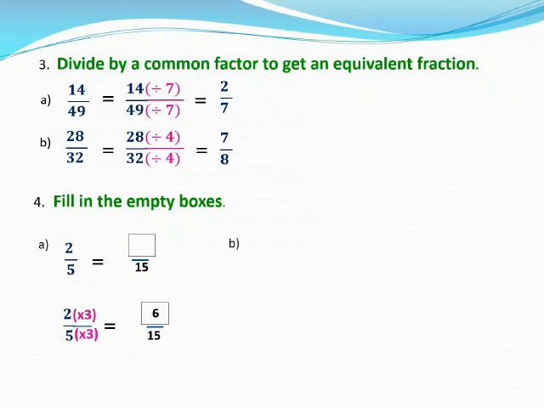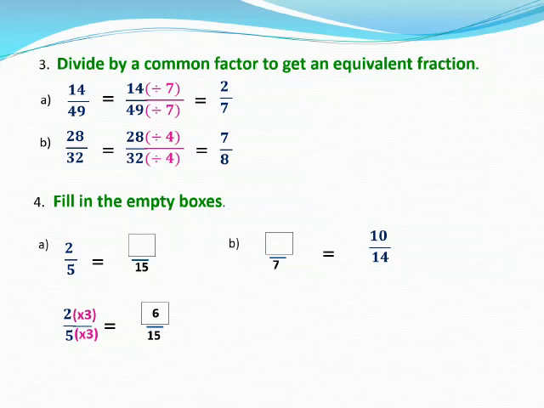So let us move on to the next question, that is dash by 7 is equal to 10 by 14. Here we have to find out the left side number. In the denominator you see 7 is smaller than 14. So we have to find out a number which is smaller than 10. In this case, to find a smaller number, we have to divide.